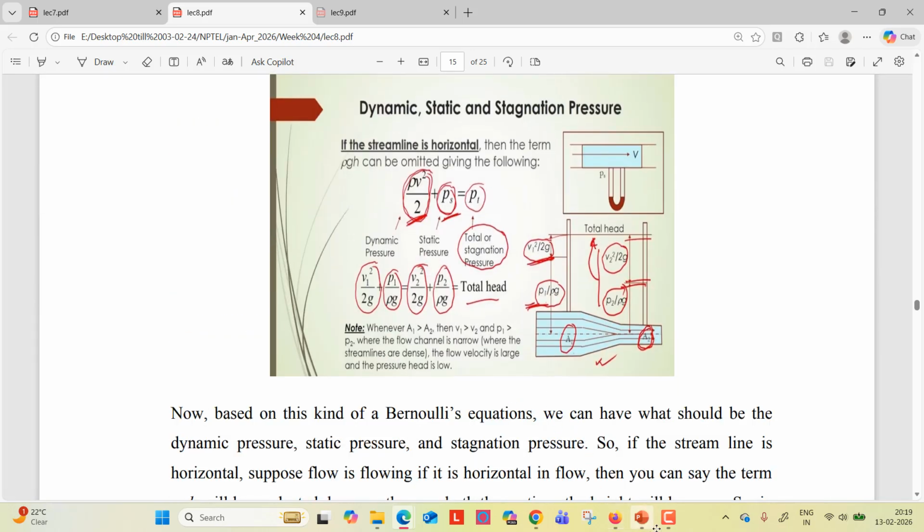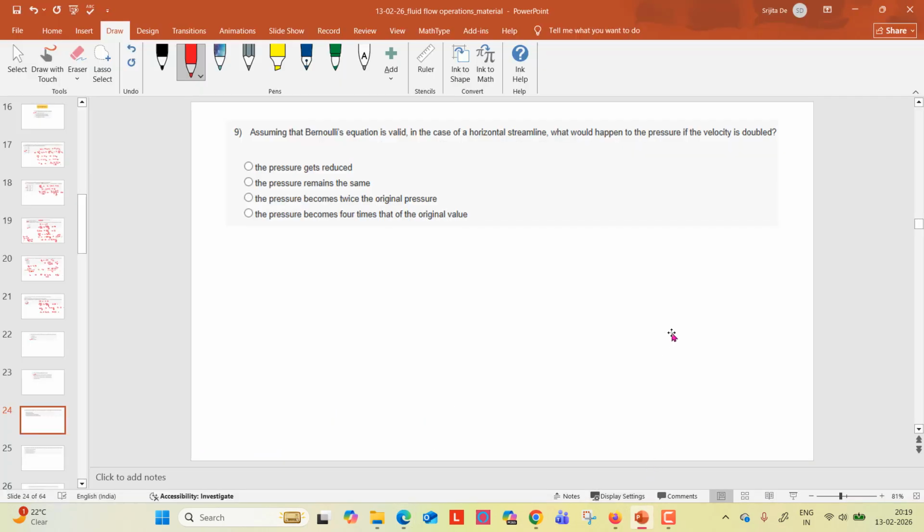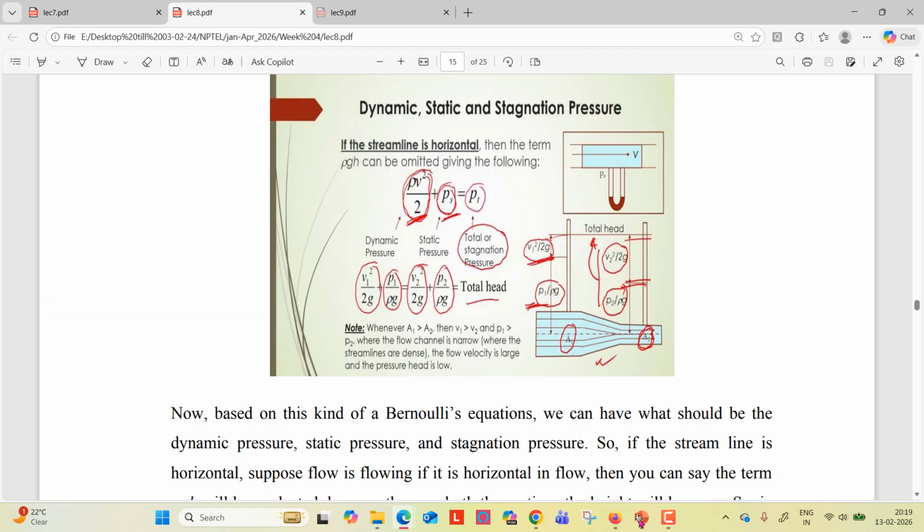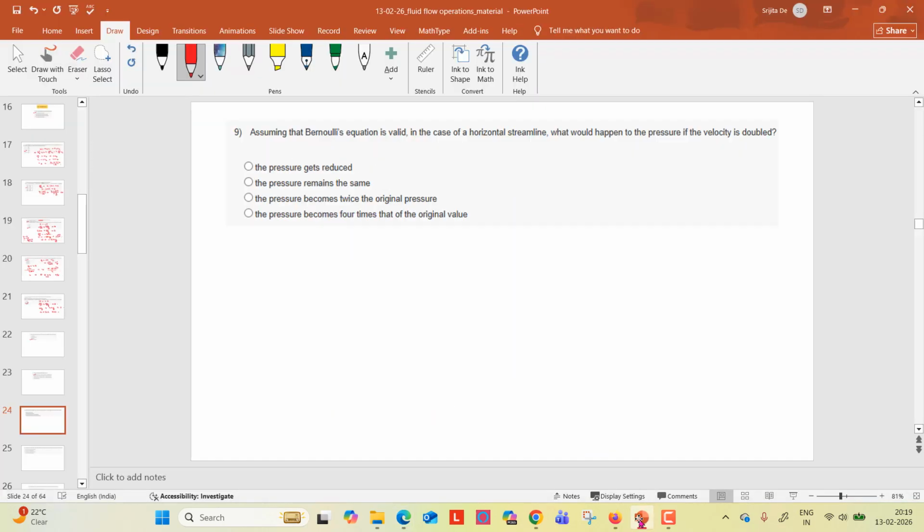So now suppose we are doing the answer. It is like P1 by rho g plus v1 square by 2g plus z1 equals P2 by rho g plus v2 square by 2g plus z2. It is said that in the case of a horizontal streamline, z1 and z2 will be cancelled out.